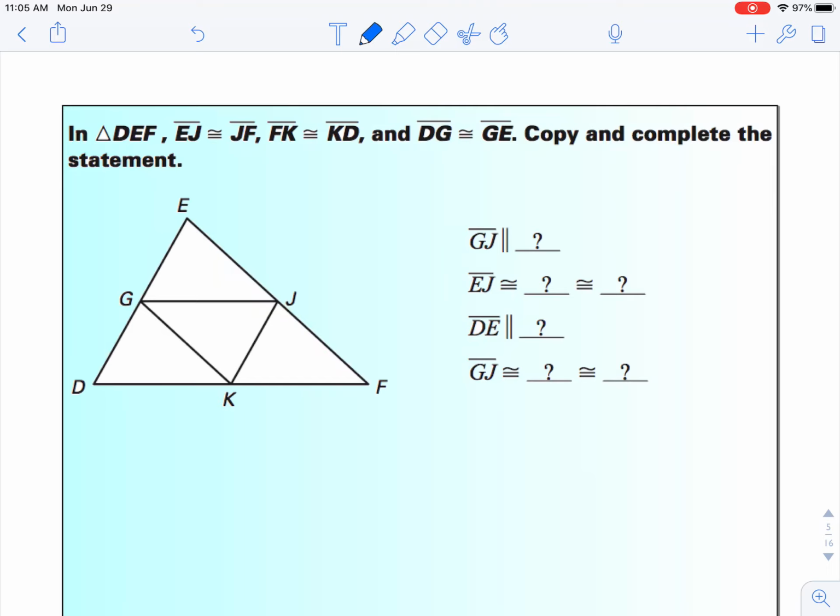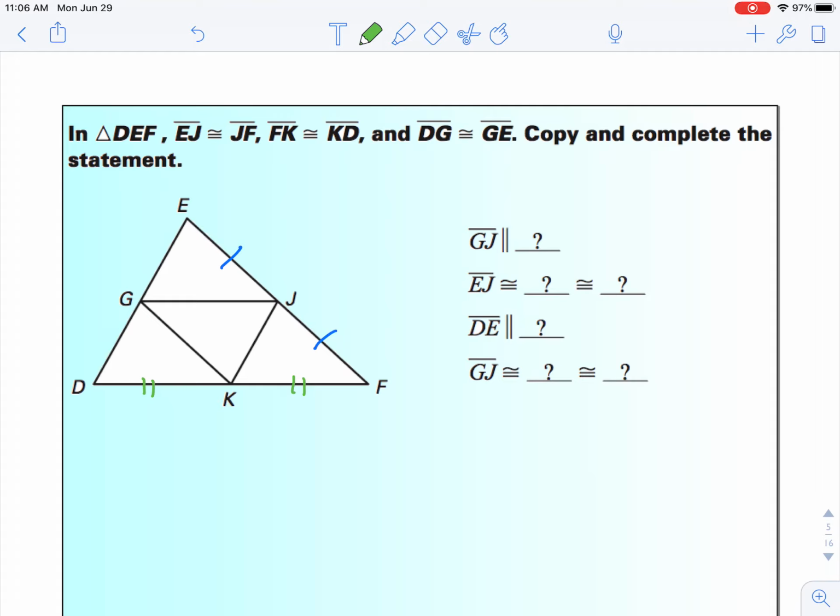It says in triangle DEF, we can see that EJ is congruent to JF. Okay, they told us that right there. It tells us that FK is congruent to KD.